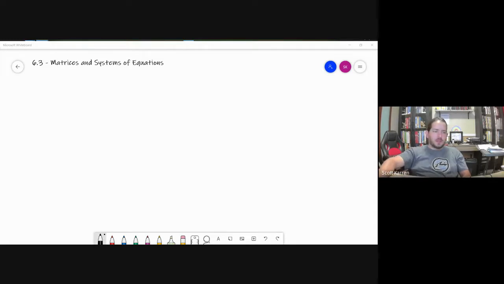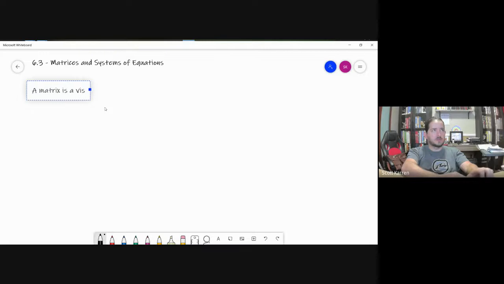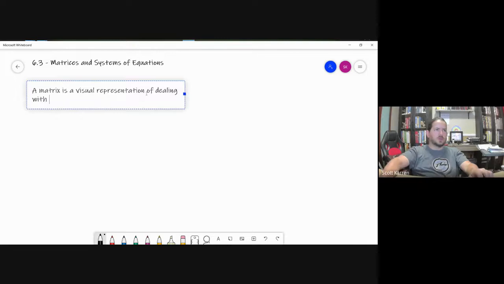But to start, a matrix is essentially just a different visual way of dealing with systems of equations. A visual representation and method of dealing with systems of equations.